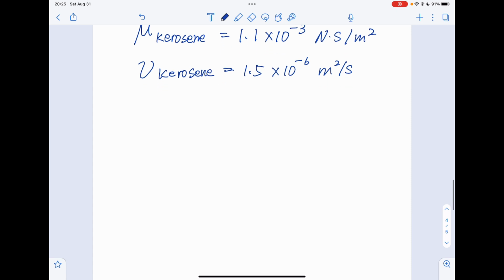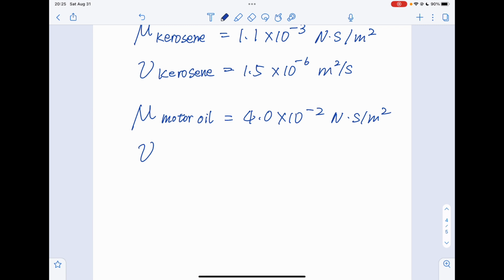motor oil. So it's about 4 times 10 to the negative 2, adding the units here.